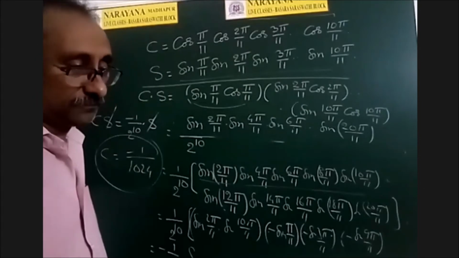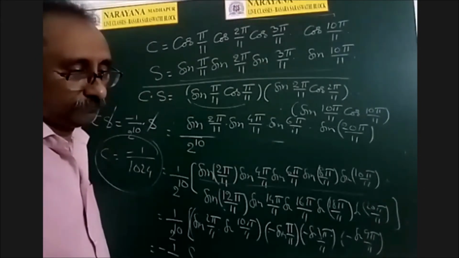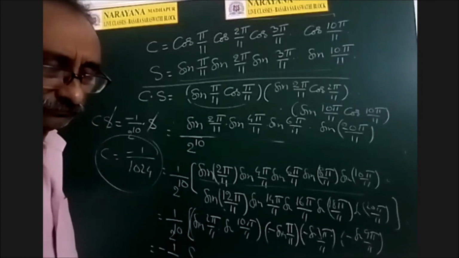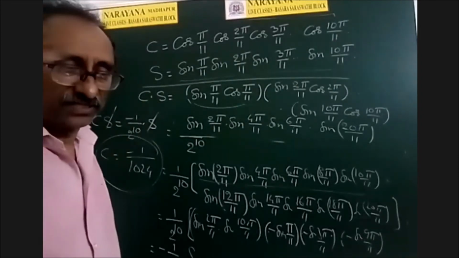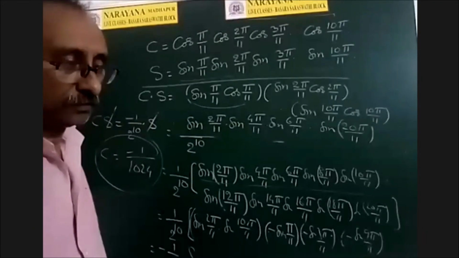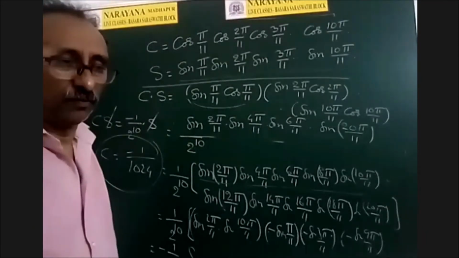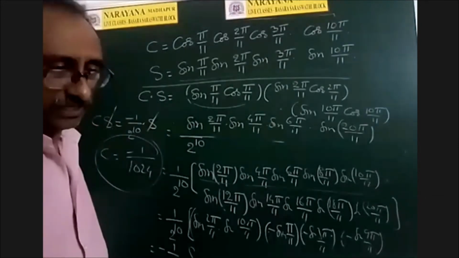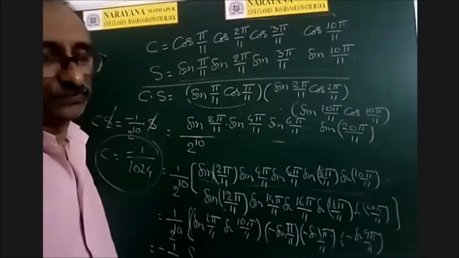Okay. Minus. Sir, why can't we take S1 as 1, sir? What is S1? What is S1, Sridhar? Sine 2 beta. Why you are saying, why can't we take S1 as 1? You are saying that. Actually, what is meant by S1?